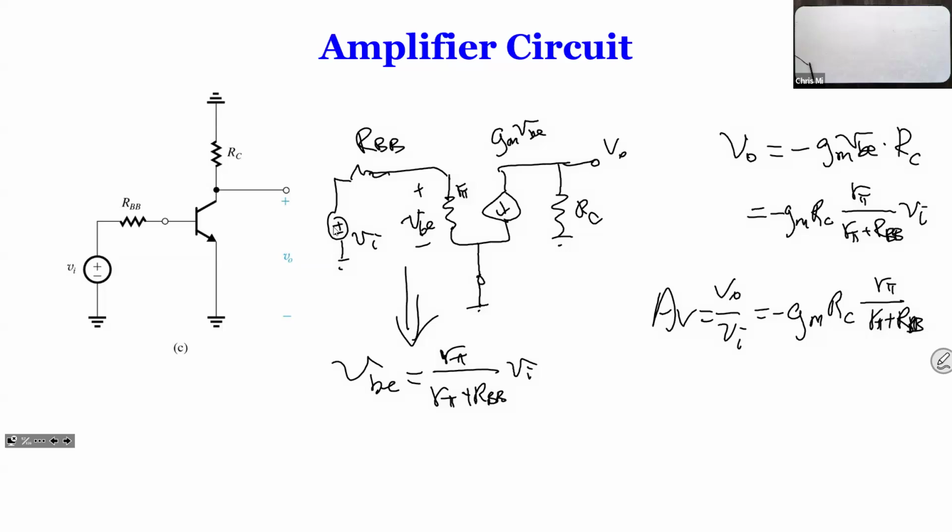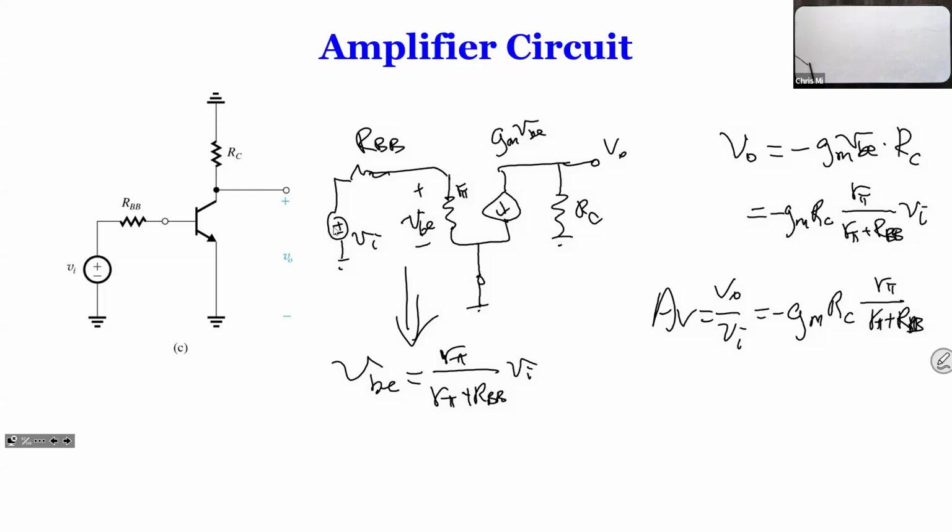If you look at the ratio over here, if R pi is very small and RB is very big, what happens? This term becomes very small, which means your gain becomes small. So if your RB is small and R pi is big, and let's say R pi is 10 times bigger, or 100 times bigger, basically this becomes negligible and your gain didn't change very much.